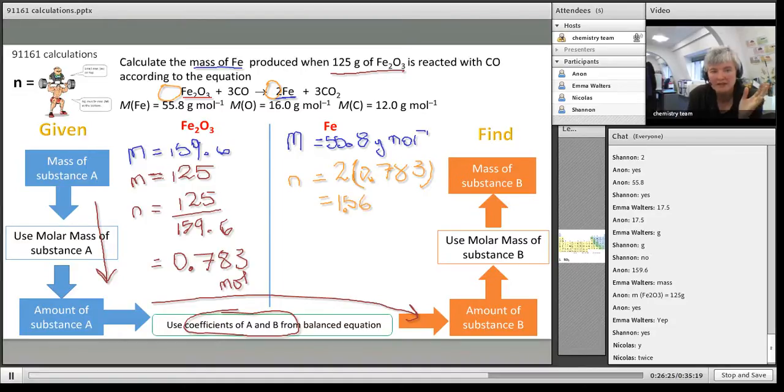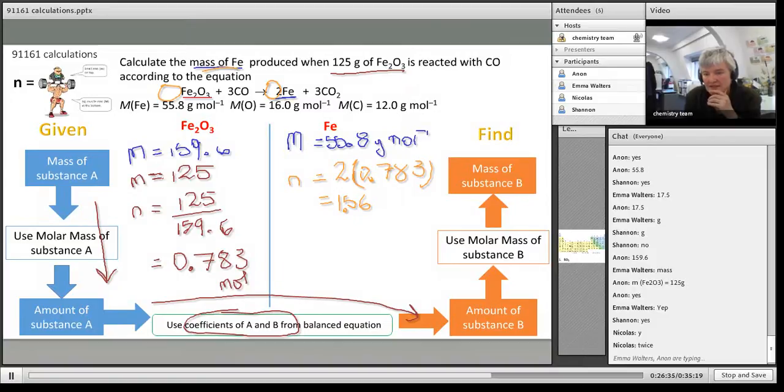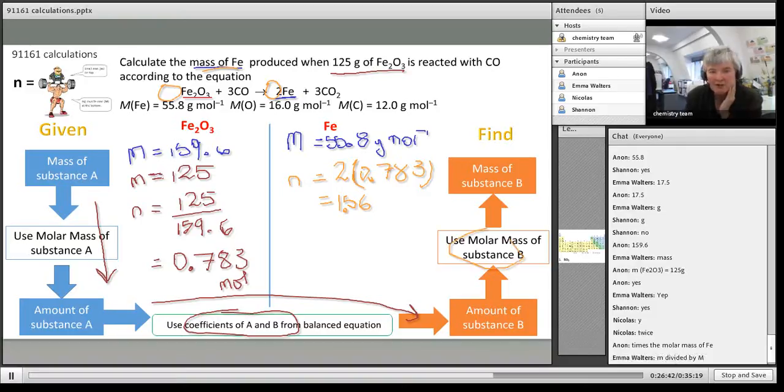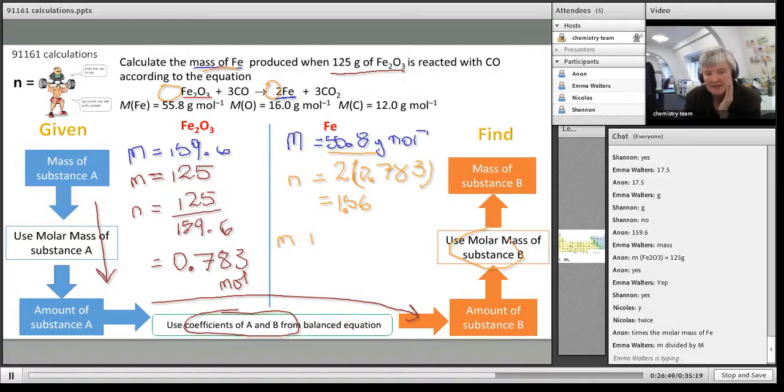Because remember, that's what the question wants. Okay, times by the molar mass. And so the molar mass, we look and we see it's 55.8, so our mass is going to be 1.566 times the molar mass, which is 55.8.